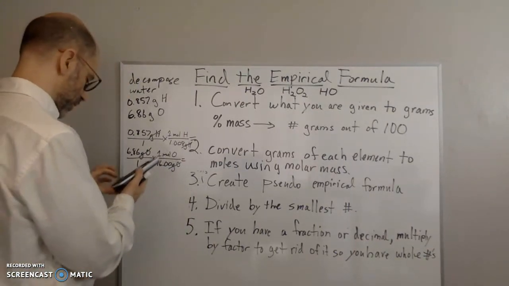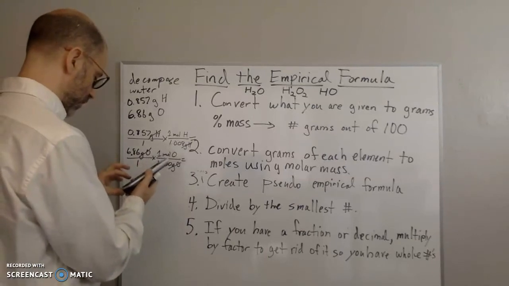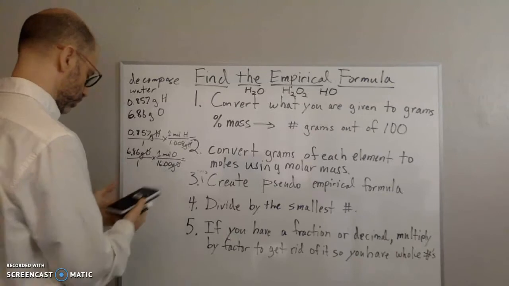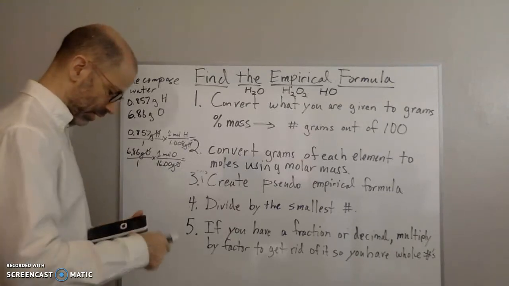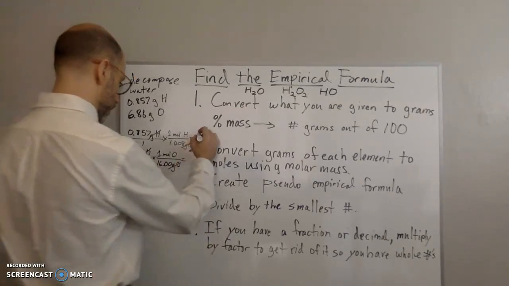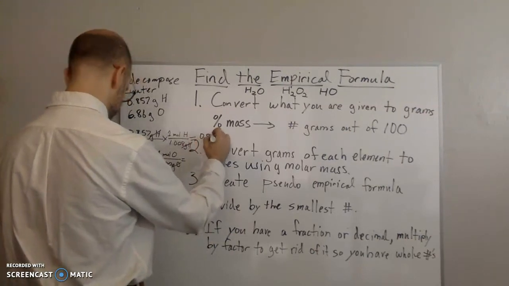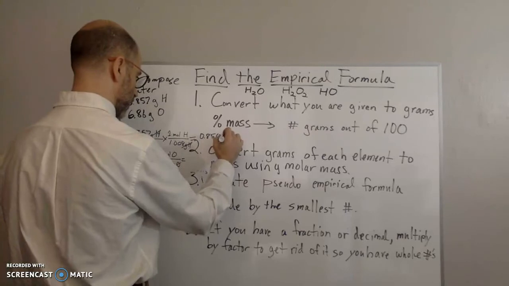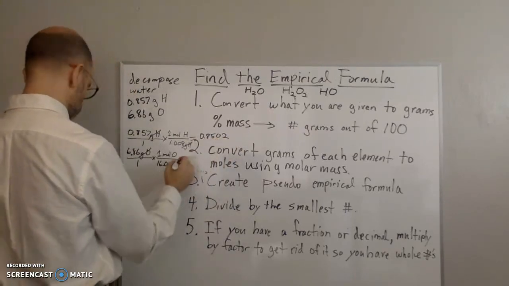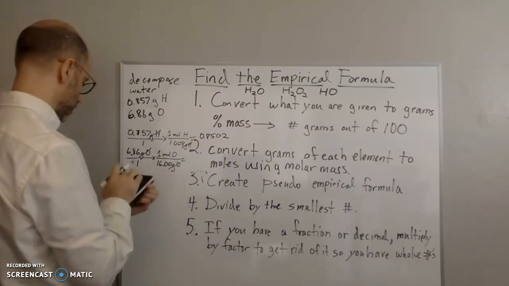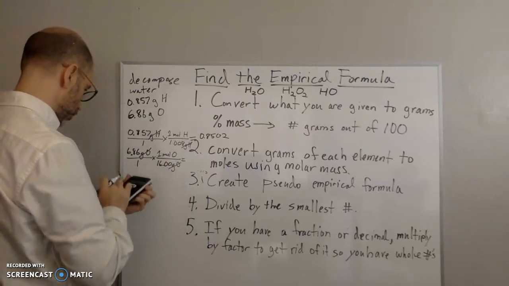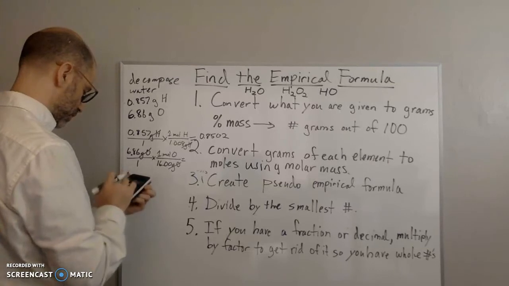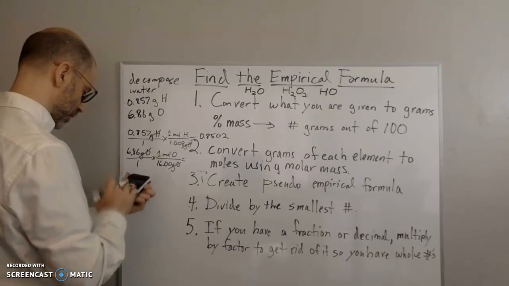So 0.857 divided by 1.008 equals, and here I get 0.8502. And then this one, 6.86 divided by 16 equals.